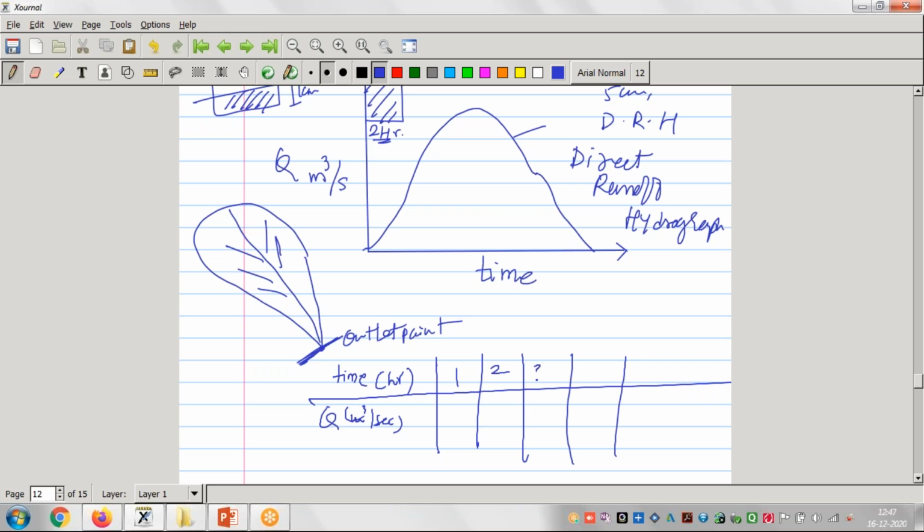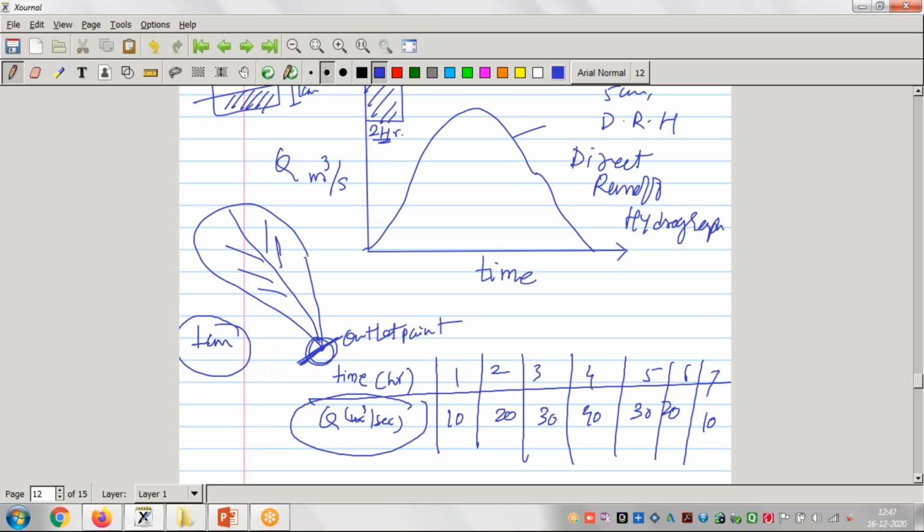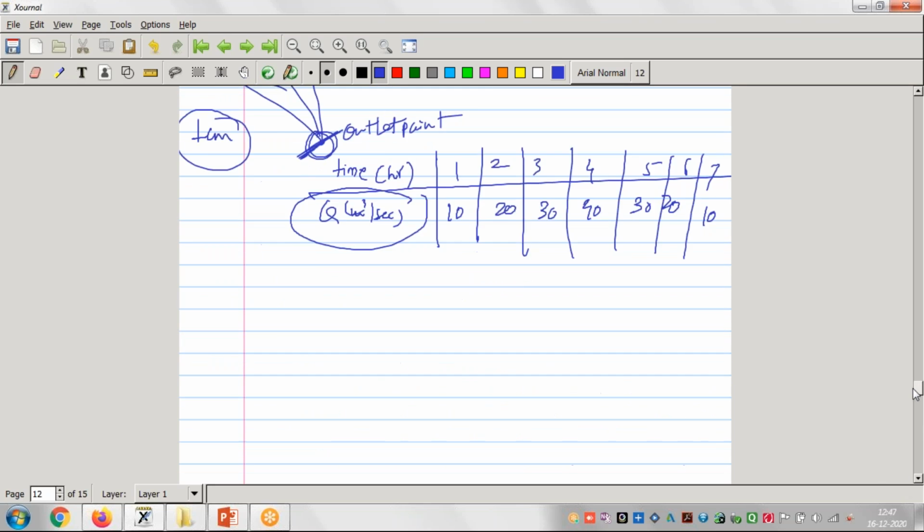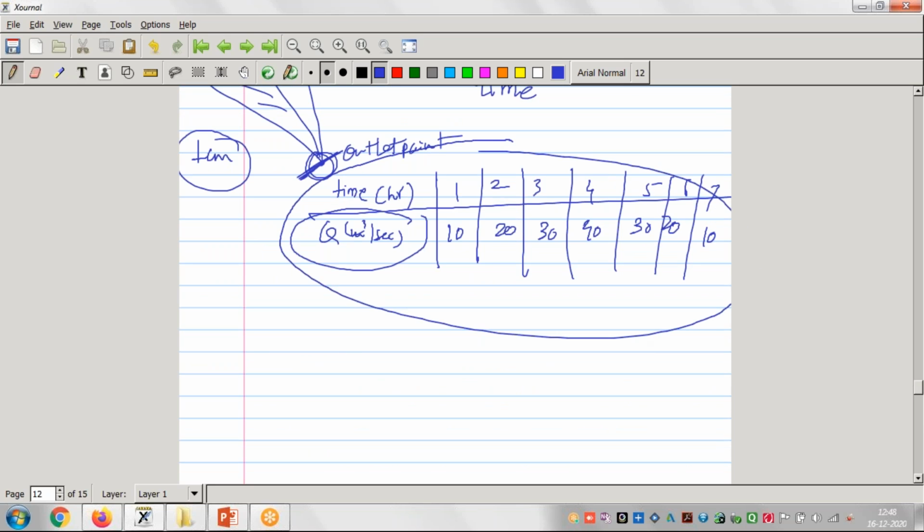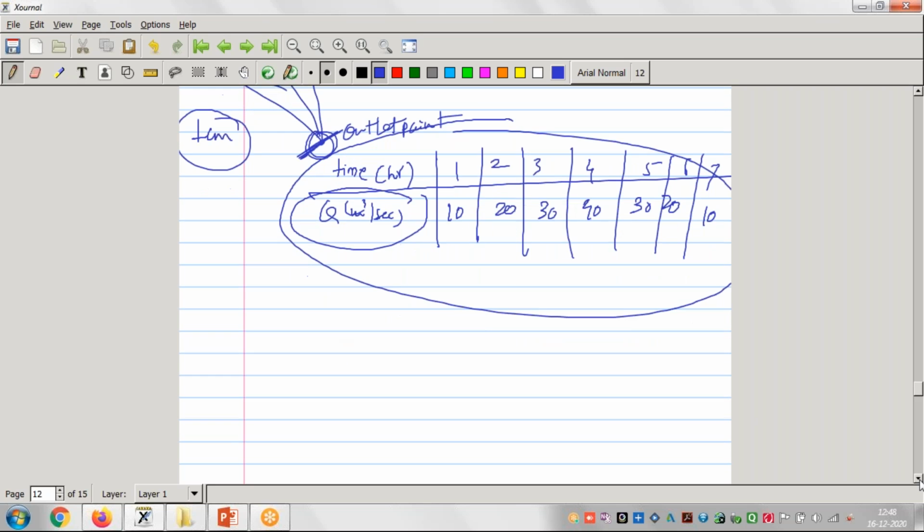Say after 1 hour, 2, 3, 4, 5 hours, the discharge may be, say, 10 meter cube per second, 20, then 30, then 40, then again 30, 20, and then 10, likewise. All this discharge is collected at this outlet, and this discharge is only because of 1 centimeter of rainfall. These ordinates are collected, right?